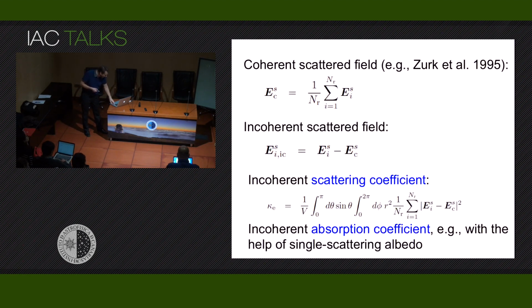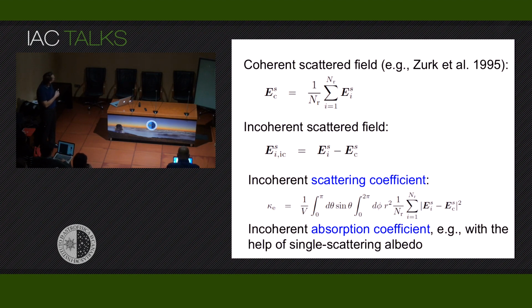Okay, so let's have the mathematics. It's reasonably simple. Just to repeat, compute the coherent scattered field. An example was in 1995. For some reason, there is no other work in the literature where this would have been done. So we seem to be the first one to do that, in fact.